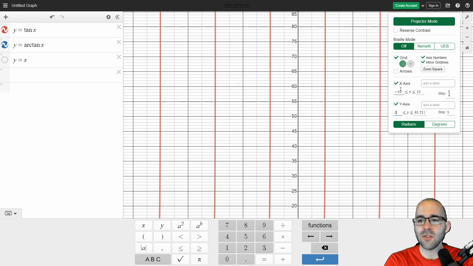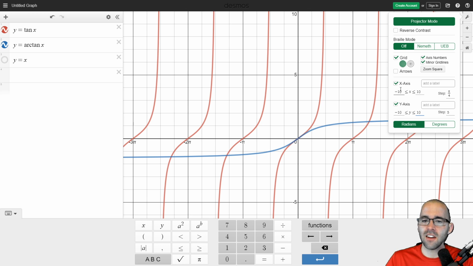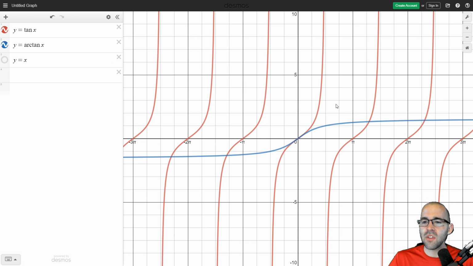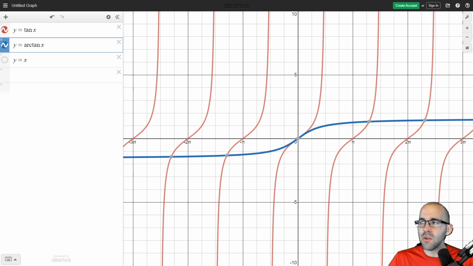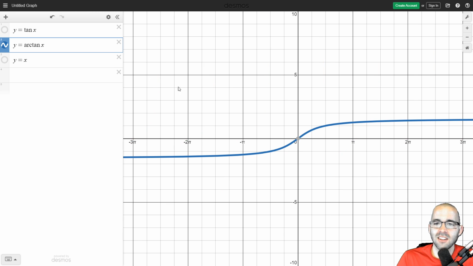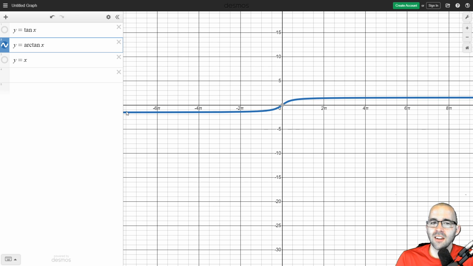Something that is a reflection over here. So see how the blue thing, forget about the other repeated red ones, but notice that the blue thing here is really just a flipped version of one of the reds. Okay, and that's arctangent. Arctangent is actually a pretty cool looking thing. It just kind of zoops like that.